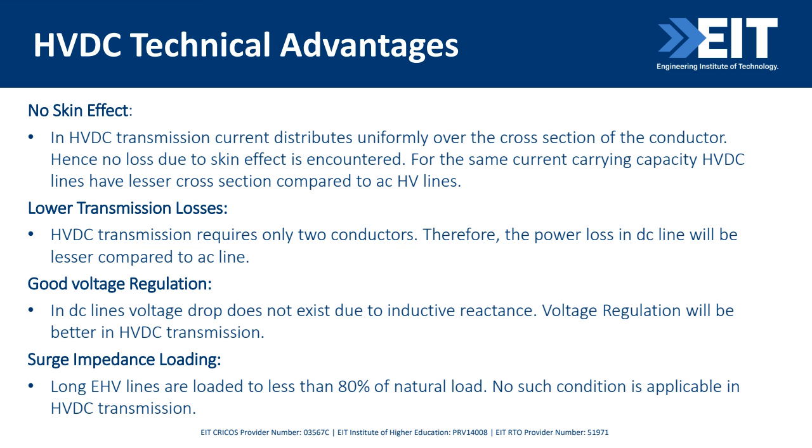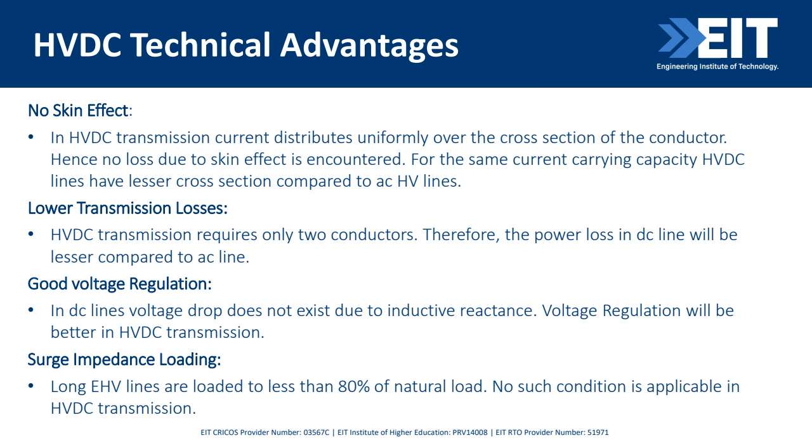This is because some loads have a surge requirement, meaning that when they start up, they need more current than in their normal operation. That's why we keep a margin of 20%. So we don't load the lines more than 80%, or in the worst case 90%.